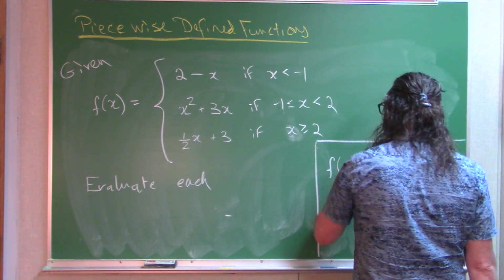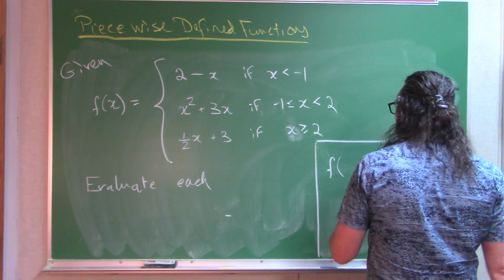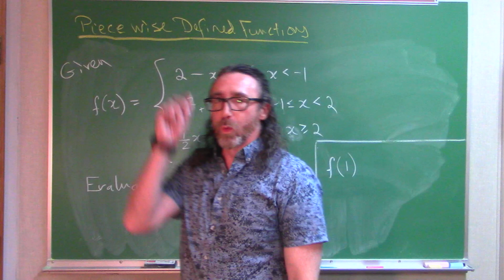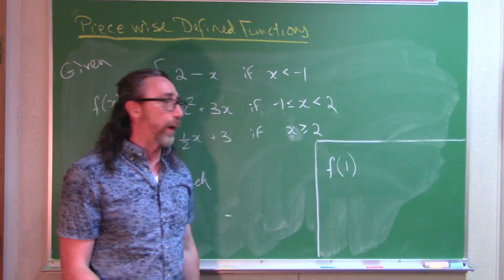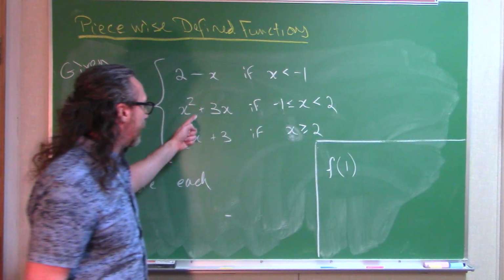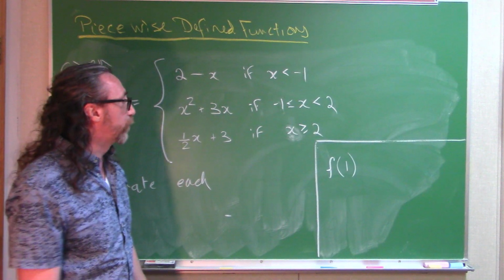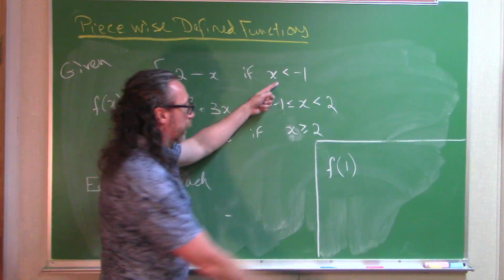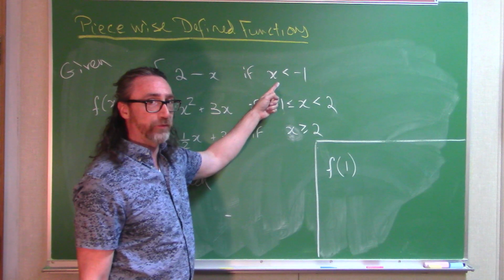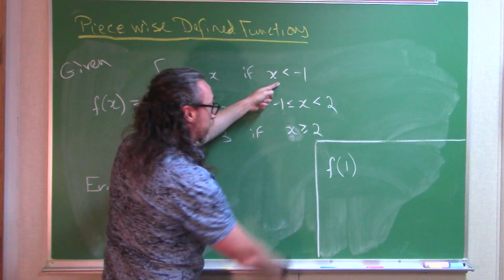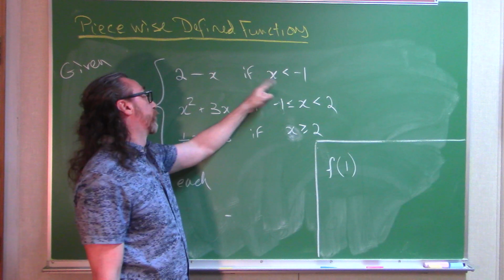Okay, let's start with this. Let's do, I don't know, f of 1. Okay, so 1 is my input. Now I'm going to apply exactly one of these rules to my input 1. The question is which rule? Well, I'm looking at my input. Is my input less than -1? No, it is not less than -1, so this rule is out.